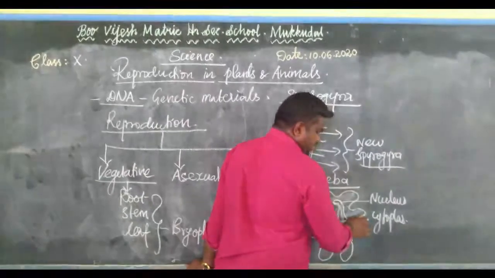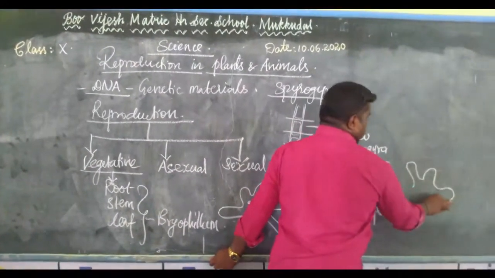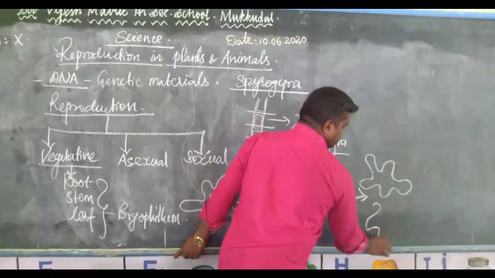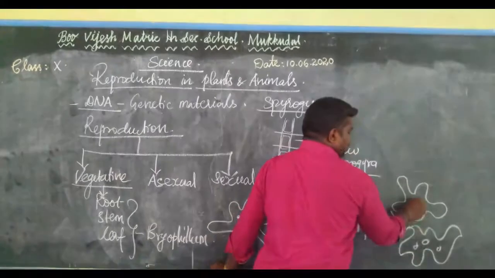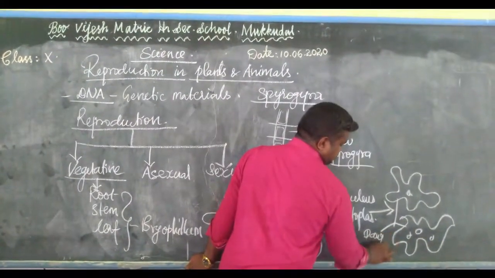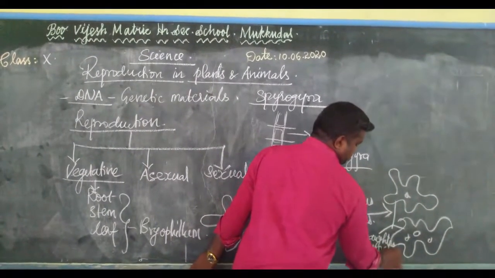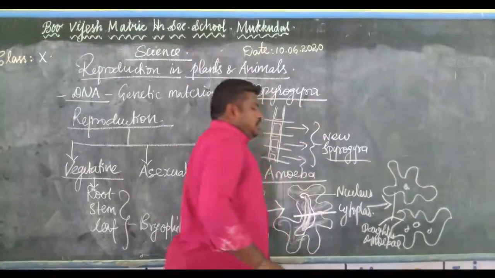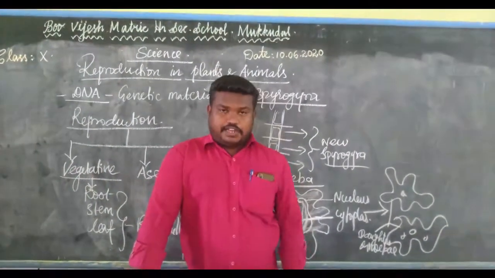At the next level it is divided and two daughter amoebae are produced. This is known as a daughter amoeba. So fission can be seen in amoeba.